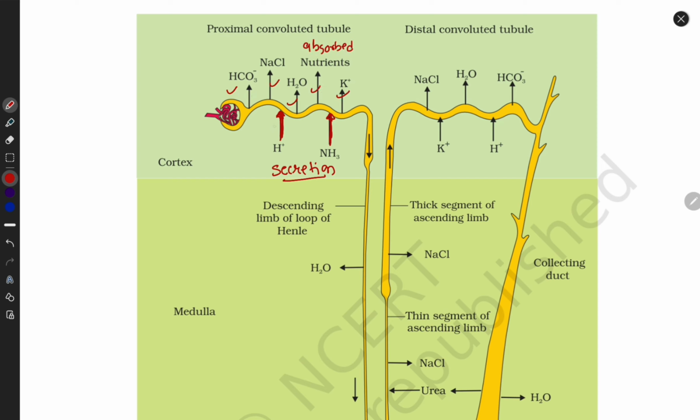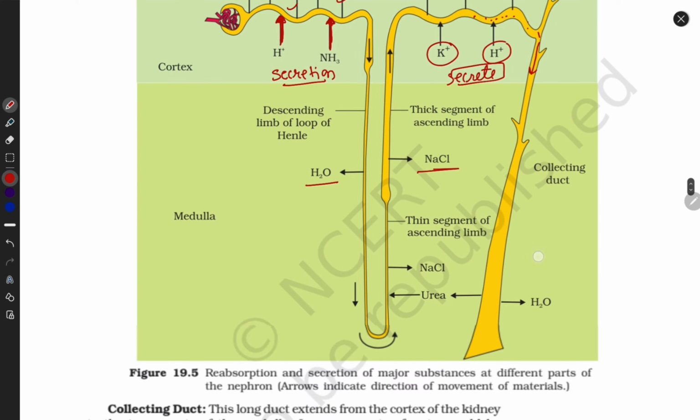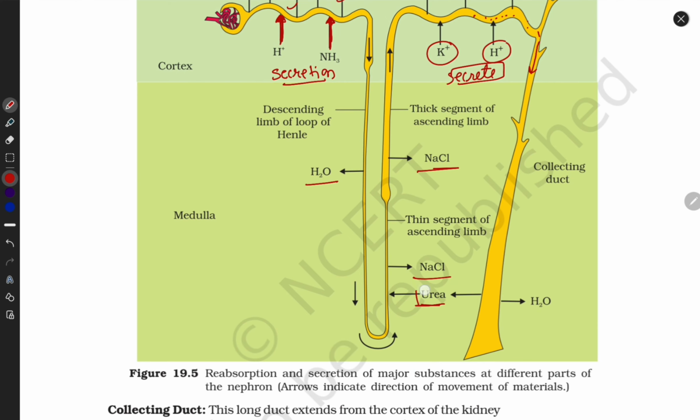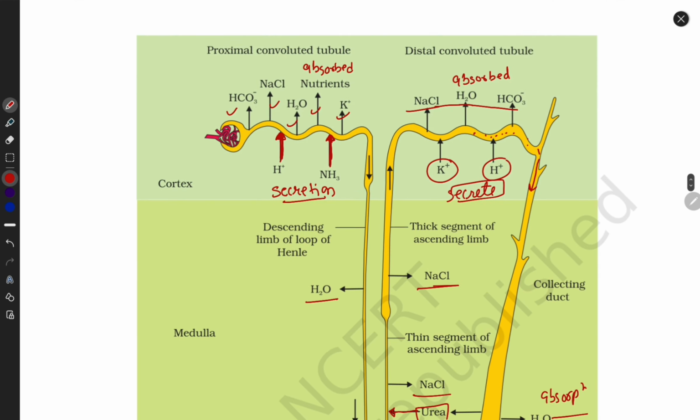These are absorbed things and these are for secretion. And this thing, they secrete. This thing absorbed, this thing absorbed, but this thing, arrow towards the loop, is for secretion. This also absorption.